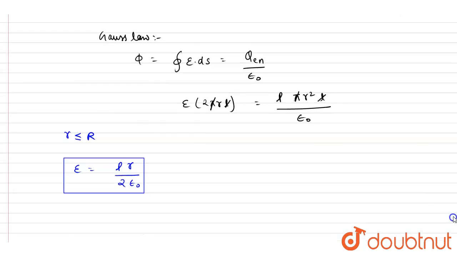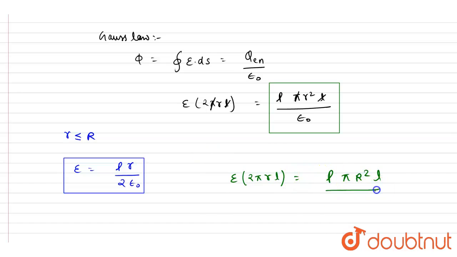Now let's see what will happen. For an outside point, the Q enclosed will become fixed. How? If I draw the Gaussian surface, it will be the same, but the charge enclosed will be this.